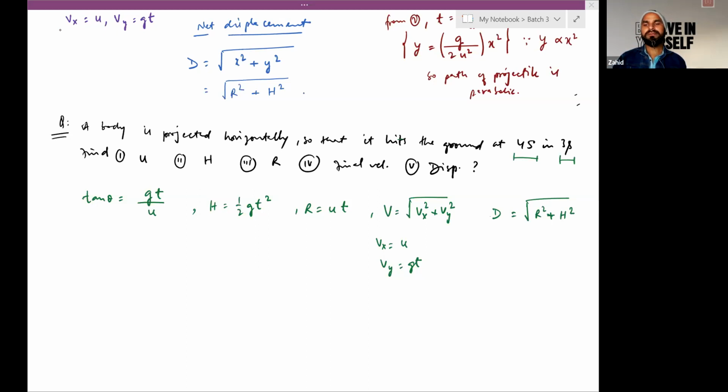Take your calculation. Tan 45 degrees equals 1.